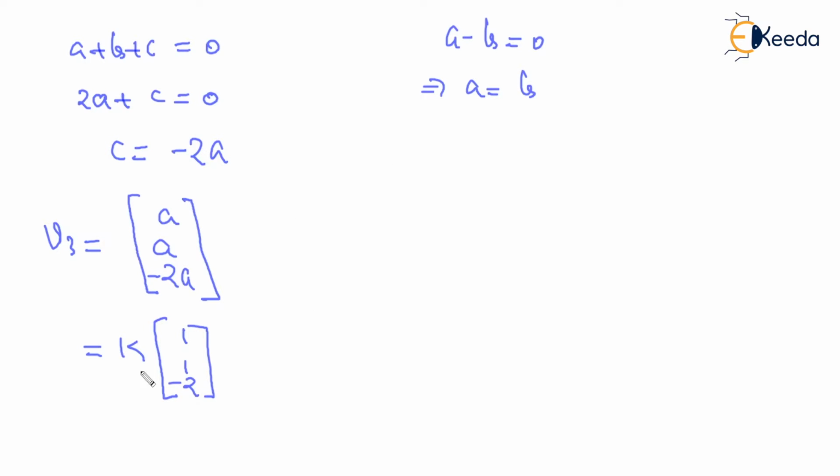With K being all the different possible real values, we get all the possible vectors in R3 which are orthogonal to both V1 and V2. So I'm writing directly V3 equal to (1, 1, -2).